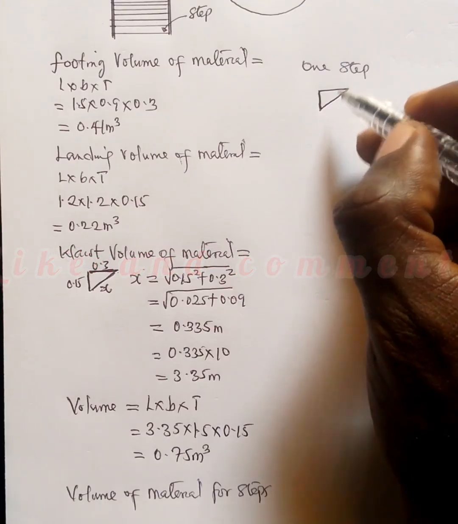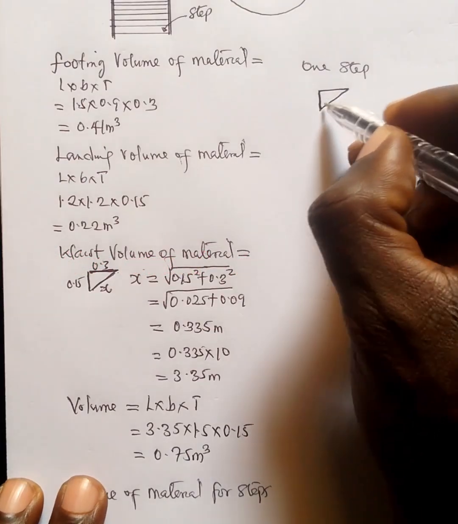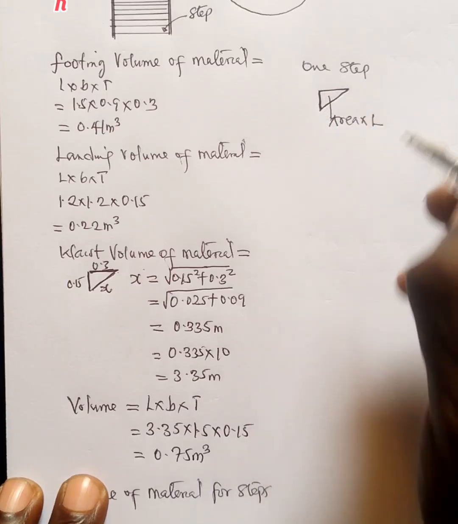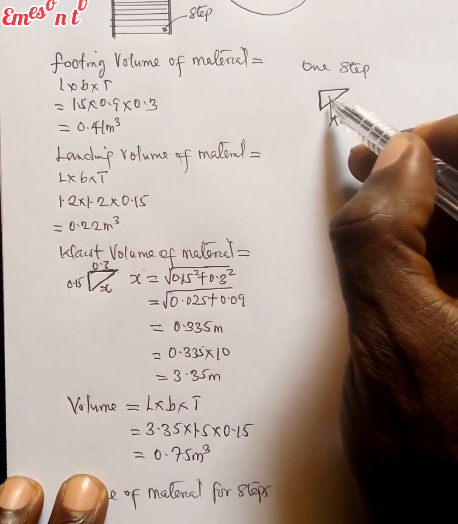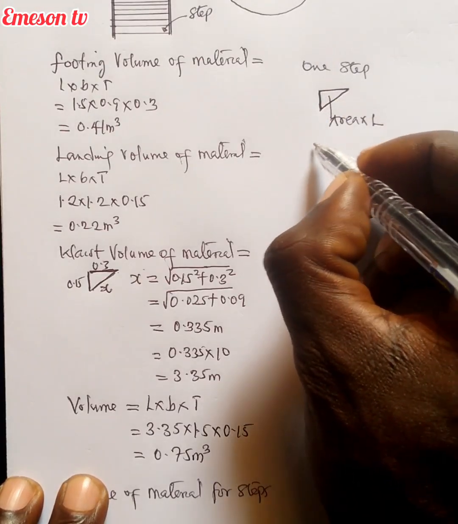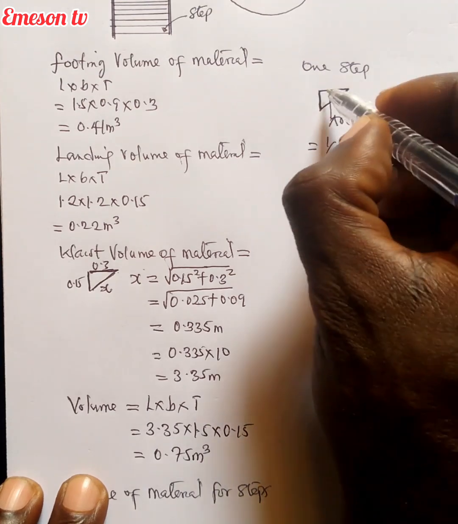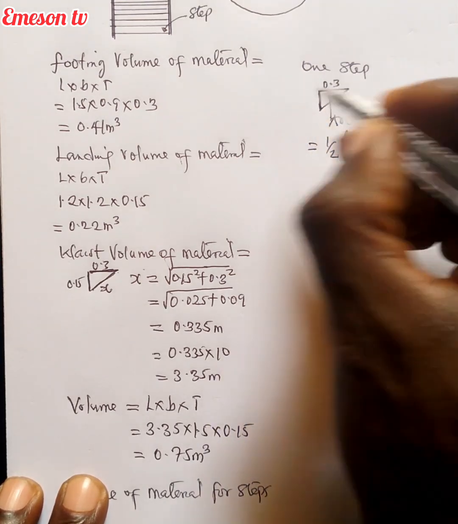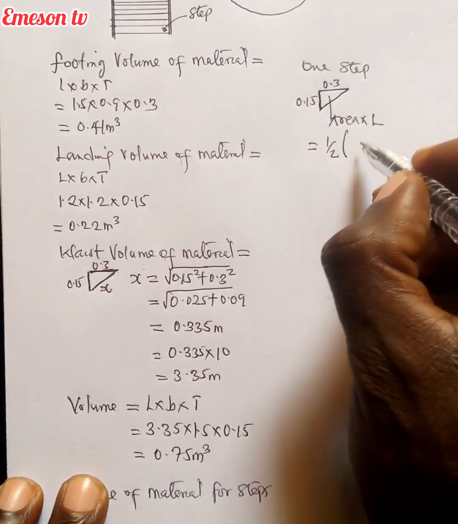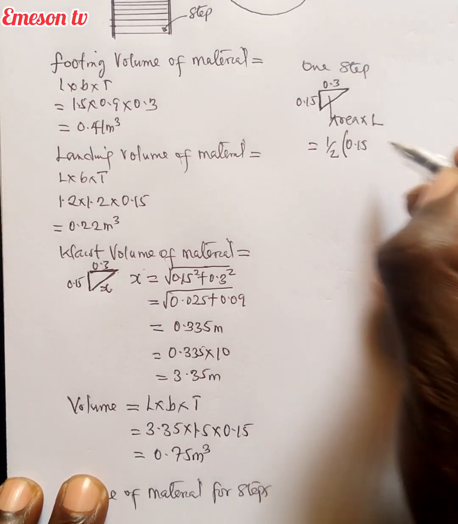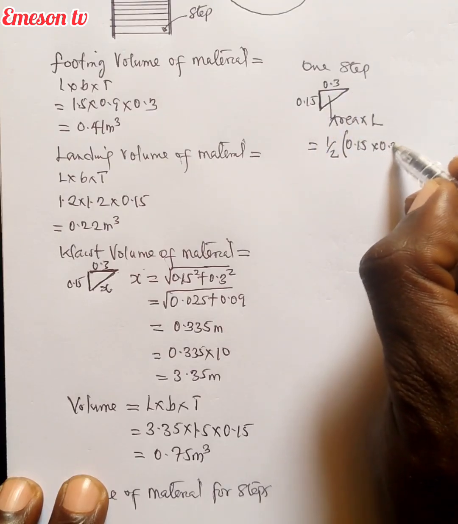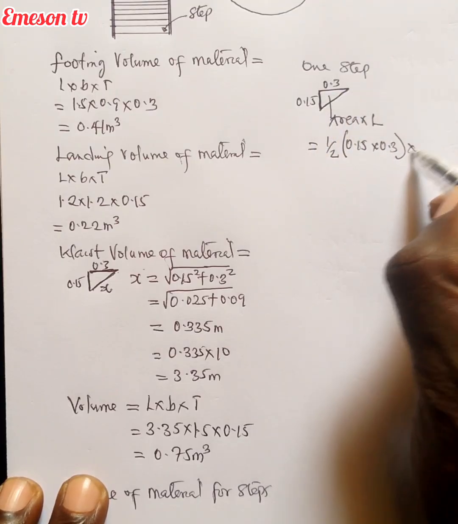To get the volume of material here, we have to consider this area times the length. So what is this area? This is a right angle triangle, so half, this is 0.3, this is 0.15. It will become half times 0.15 times the height, 0.3, multiplied by the length.